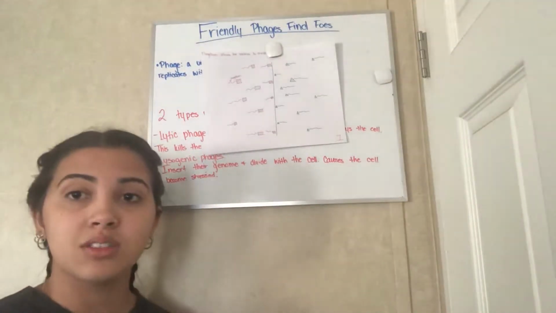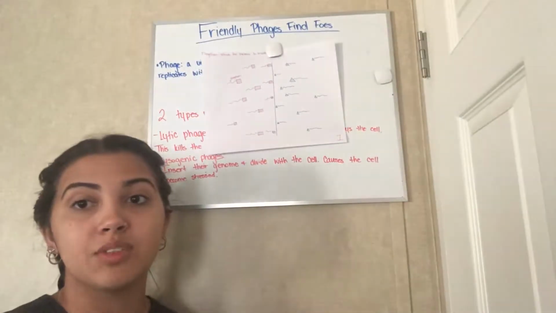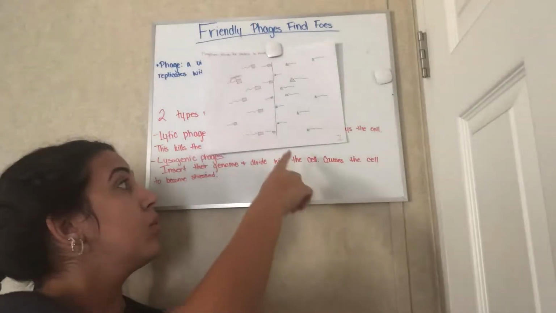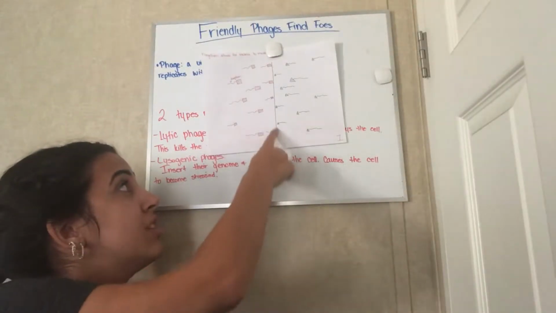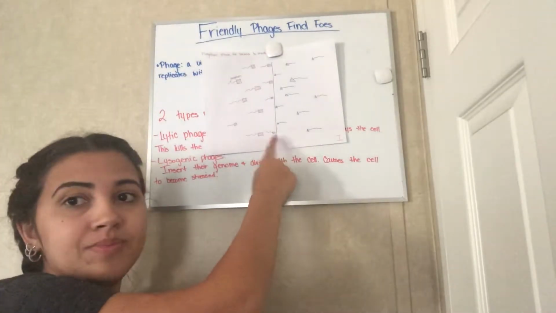So scientists were conducting a study and they realized that when you have two different types of bacteria, they will not interact with each other. Instead, at the midway point, there will be this line of demarcation.